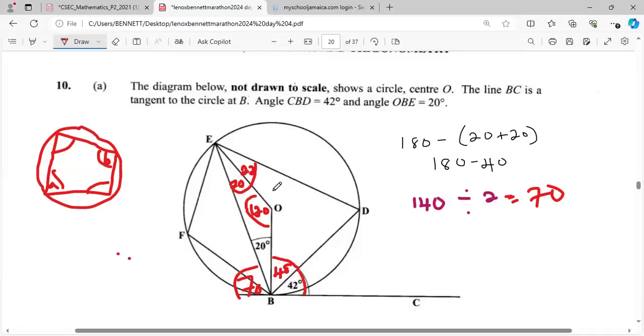This is an angle at a point, right? So all of this is 360. So right here would be 240, because it's supposed to be 360. And this is supposed to be, let me see, let me think about it.